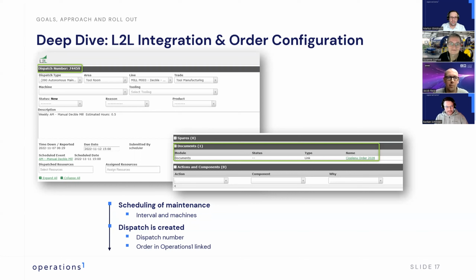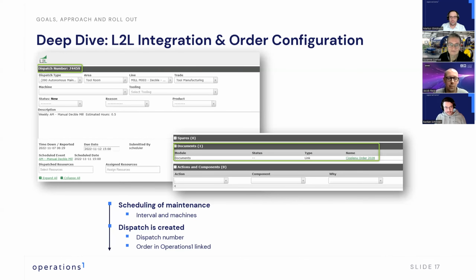So this is from a test environment, I took the screenshots from a test environment, and that's why it still says CO Plano. But again, to summarize, we create a dispatch in Leading to Lean, which then automatically creates an order in operations 1.